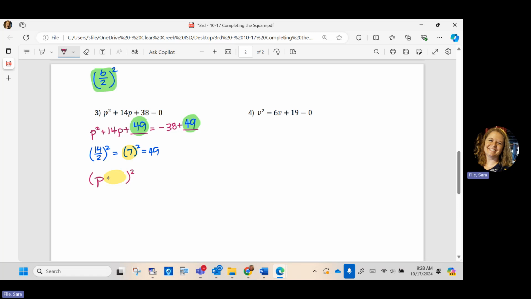Okay, so it's +7. And then on the right side, I've got -38 and +49. So that is 11. So then if I want to write this as a quadratic equation in vertex form, that is P plus 7 squared, and then that 11 would have to be subtracted over.